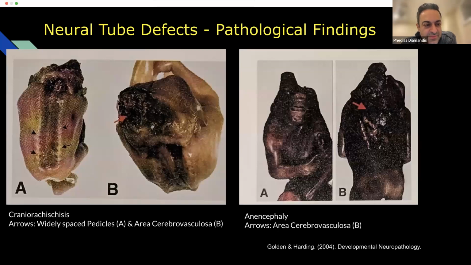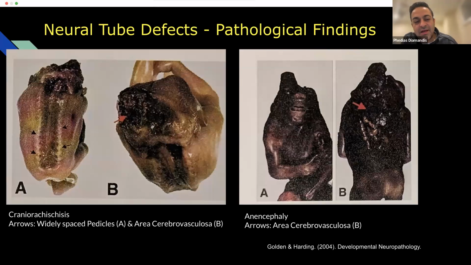So here are some gross images showing what this looks like. This is craniorachischisis. Both the brain and the spinal cord show a failure of neural tube closure. The arrow on the left shows this hemorrhagic, vascularized tissue that sits in the base of the skull. That is the area cerebrovasculosa.